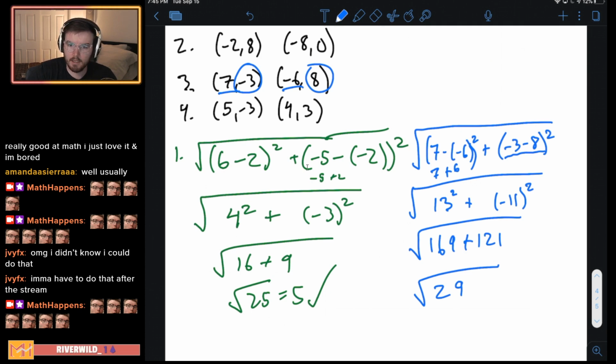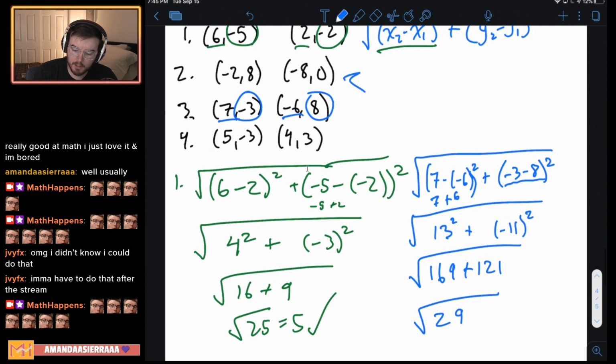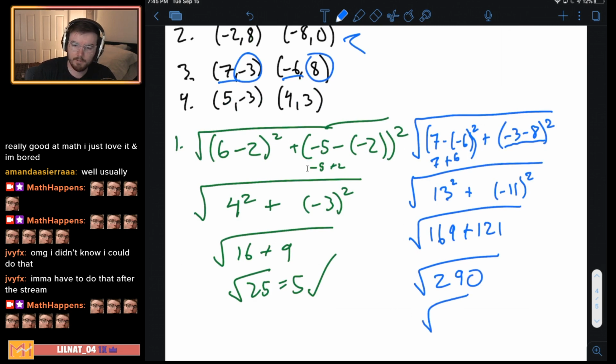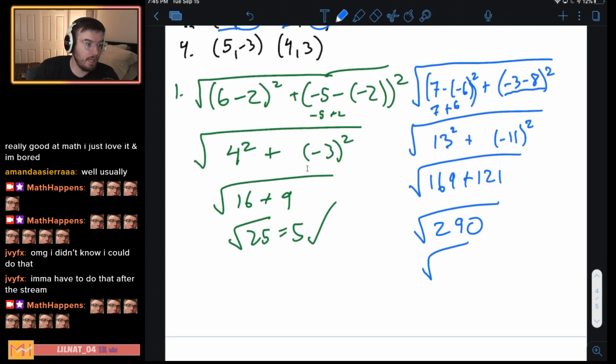Or is this one of the... Oh, this is one of the ones that doesn't work out to a whole number. My bad. Oh, I skipped number 2. Derp. I was like, why isn't this working out to a whole number? Okay. So this is one of the ones that does result in a... Okay. I mean, it does pay off to check your work there. I second guessed myself.